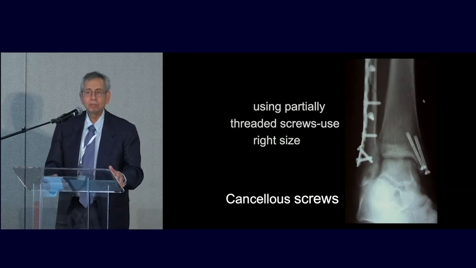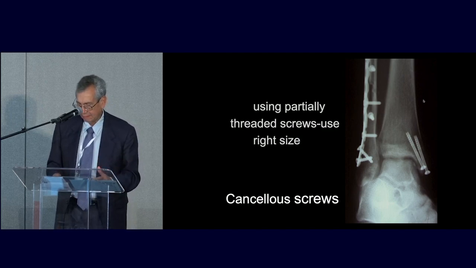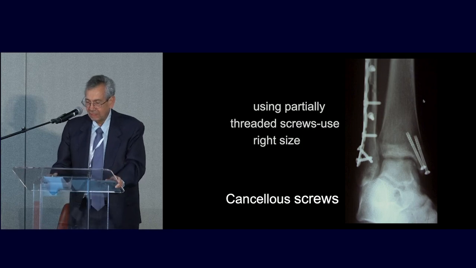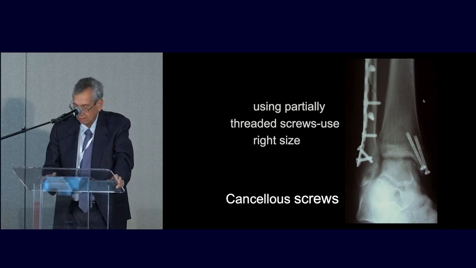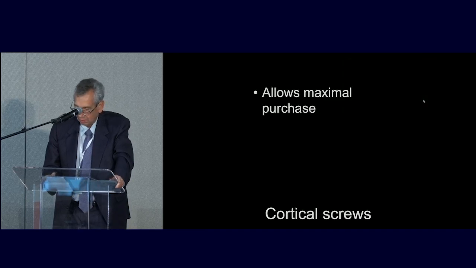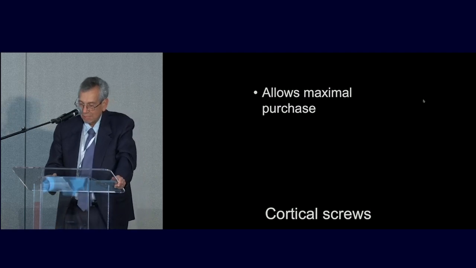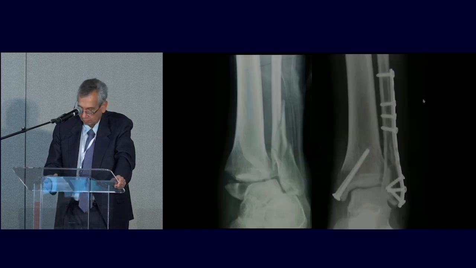The cancellous screw is a very good implant to use, partially threaded, on the right side in order to have a better fixation of the plate. The cortical screw allows maximal purchase and may use very long screws, and can be bicortical if necessary.